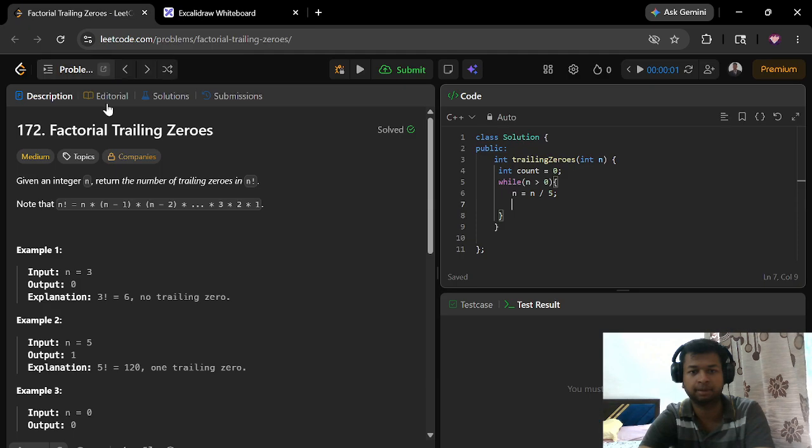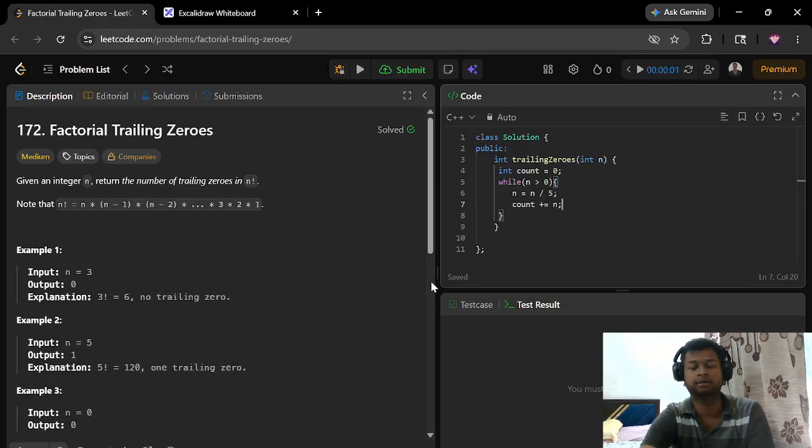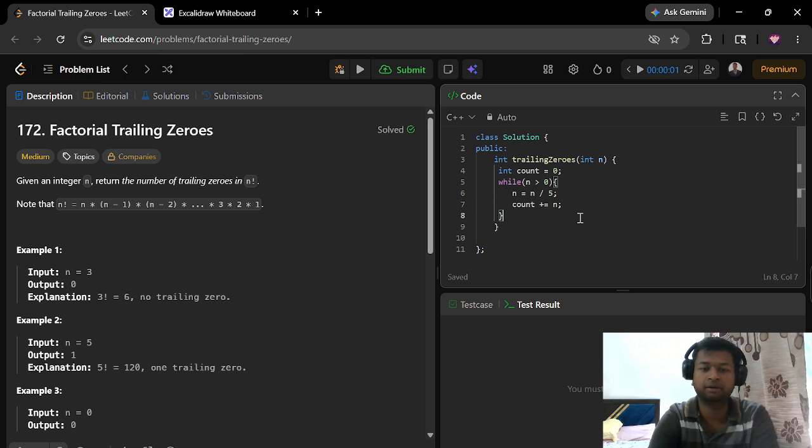We divide by 5 and increment the count each time. Why 5? Again, starting with 5 factorial there must be at least 1 zero at the very end. So we have divided by 5, and at last we will return count.